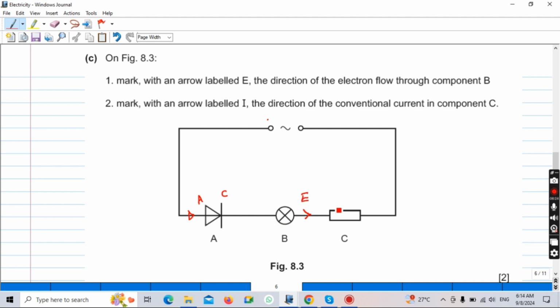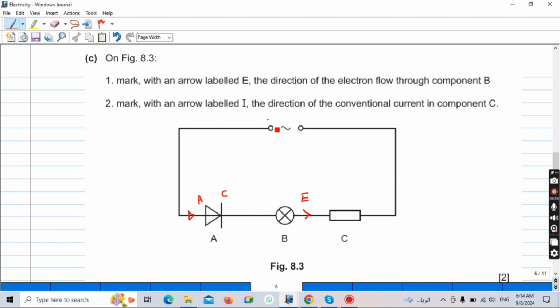And in the second question, mark with an arrow labeled I the direction of the conventional current in the component C. Now remember, this source is producing currents in two different directions, but the conventional current is known to be when the flow of the current goes from the positive terminal outside the battery towards the negative terminal.